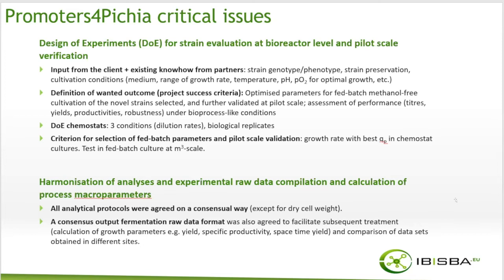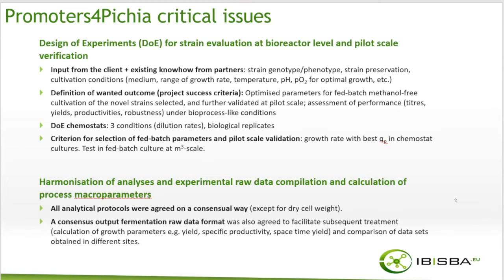The other critical issue identified is the harmonization of protocols and experimental procedures in the lab: how we analyze biomass, how we analyze product activity, how we compile raw data and calculate process parameters. When we started the project, each partner's infrastructure was doing this in a different way, or some protocols were from one partner and not implemented in the other installation.